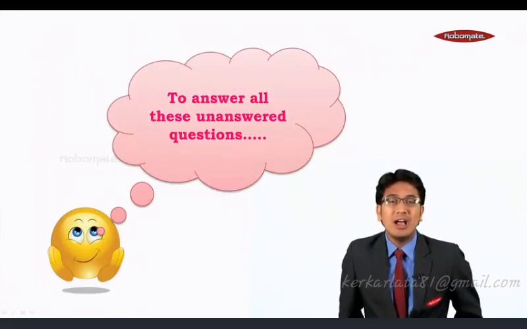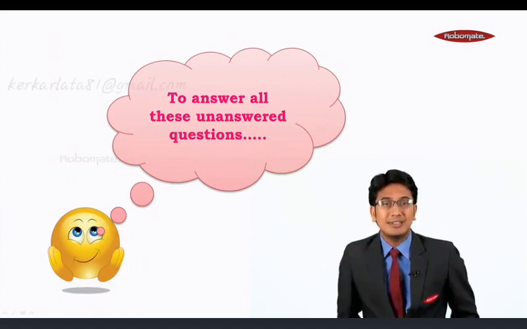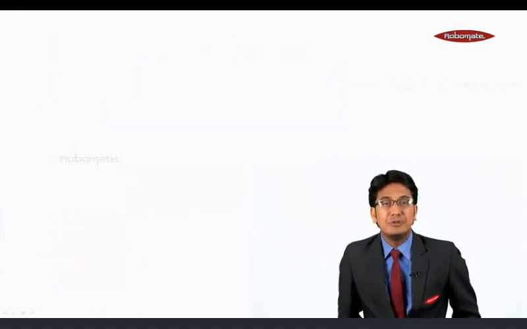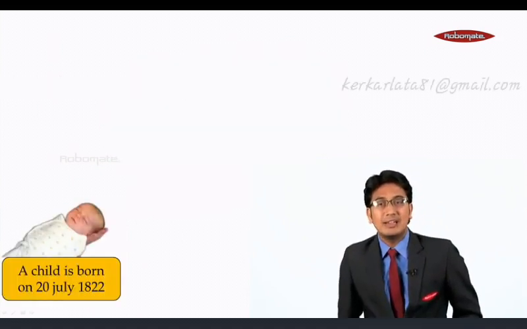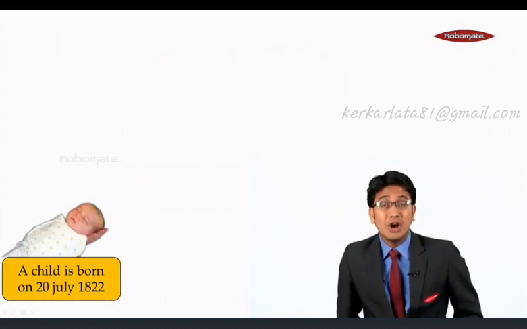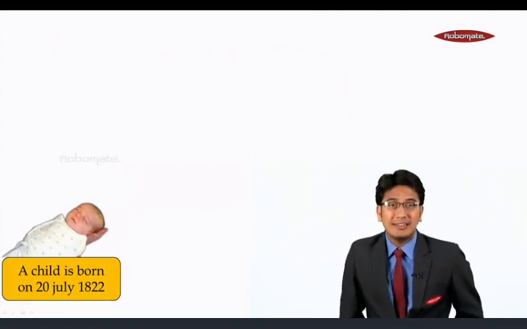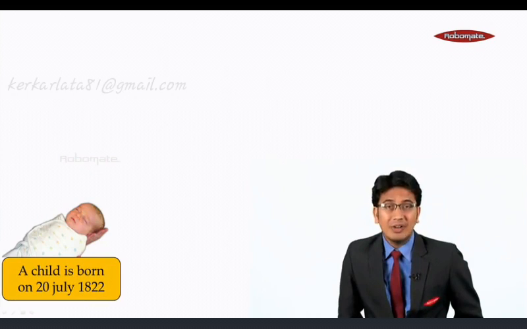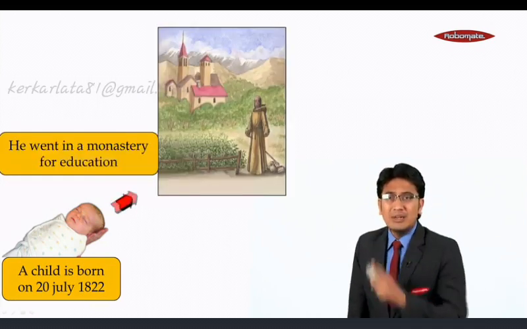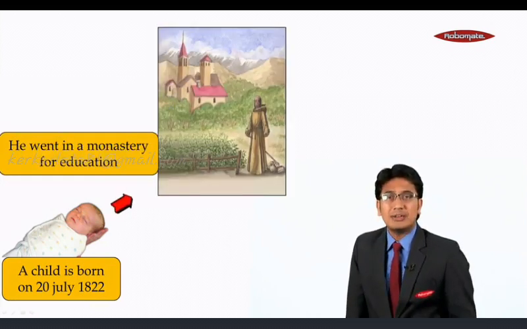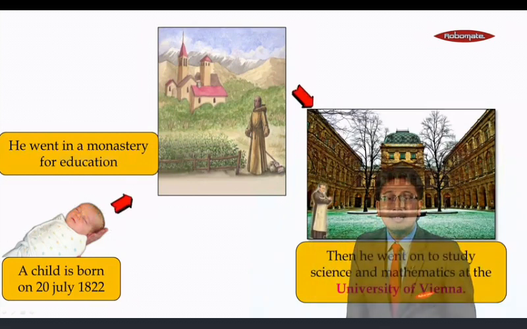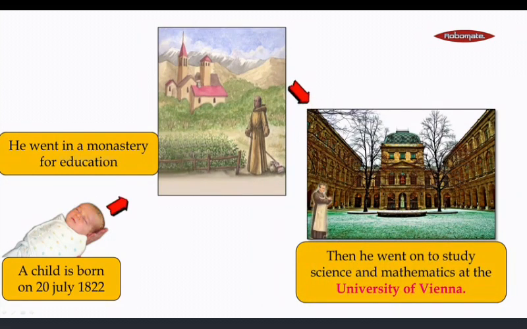To answer all these unanswered questions, one great, beautiful, cute child was born on 20th of July, 1822. He went to a monastery for education, and then he went on to study science, his favorite subject, and mathematics at the University of Vienna.